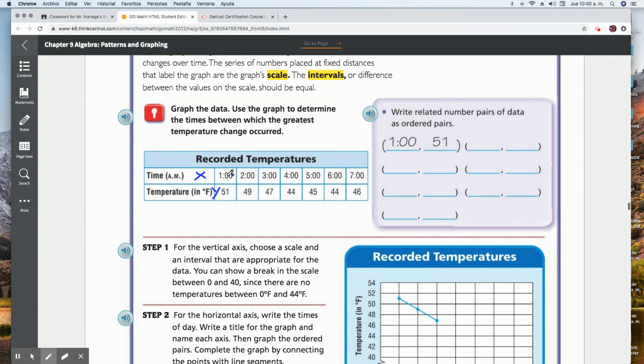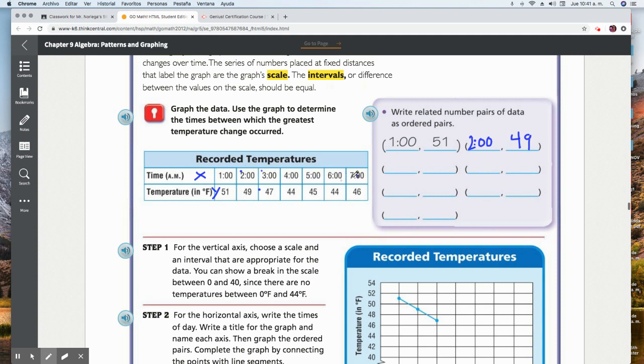The first one's already done for us. At 1 a.m. the temperature was 51 degrees Fahrenheit. The next hour would be 2 o'clock in the morning. What was the temperature? 49. So 49 degrees would be the number for our y-axis.